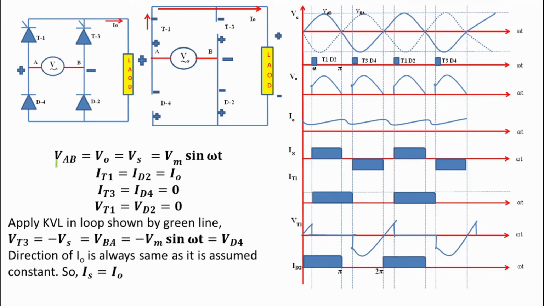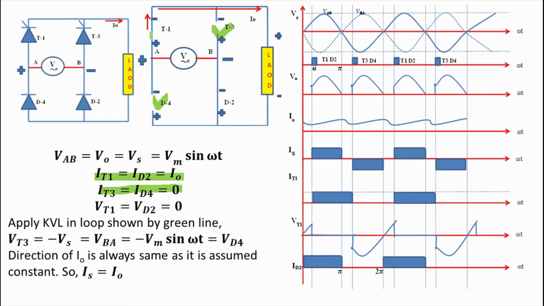So we can write IT1 is equals to ID2 and that is equals to I0. Now T3 and diode D4, they both are reverse biased. So they are in off state. So we can write IT3 is equals to ID4 and that is equals to 0. Also due to short circuit, T1 and D2, they have 0 voltage drop across them.